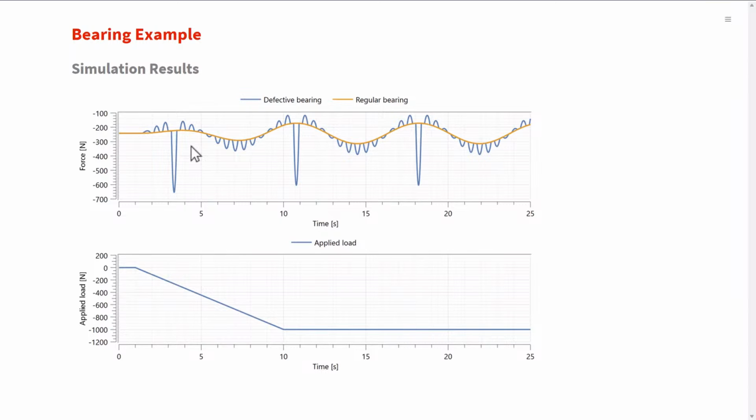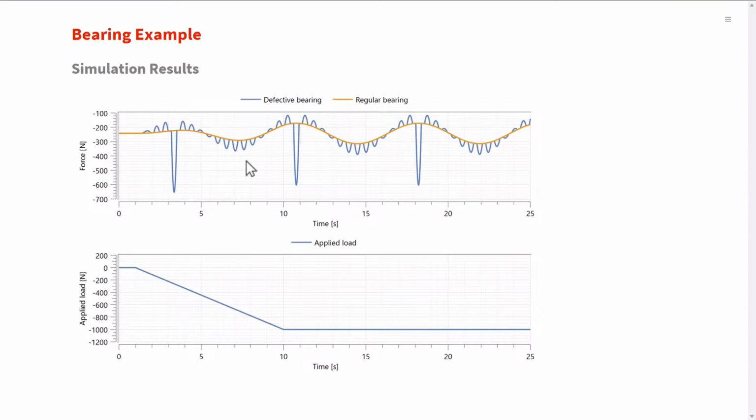These peaks correspond to the roller position relative to the defect. When the roller encounters the defect, we see the maximum force impact, illustrating a significant load. Understanding these force patterns is essential for predicting bearing behavior under defect conditions, which ultimately helps in refining our designs and preventing failures in real-world applications.